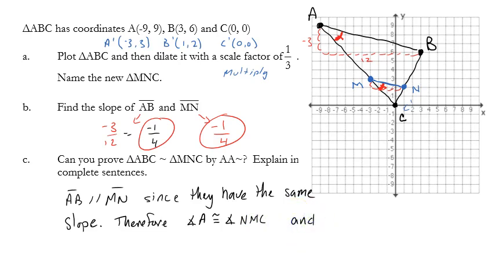And I need a second congruence, I'm going to go with angle B to angle here, but it's not angle N. You will lose points if you call it angle N. Angle B is congruent to angle MNC since they are corresponding angles of parallel lines.